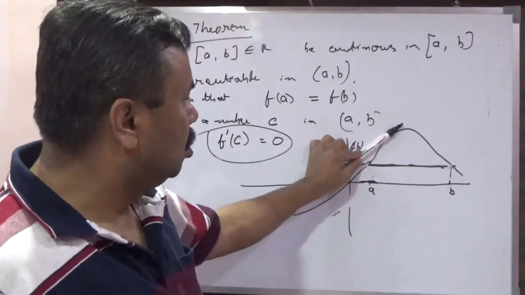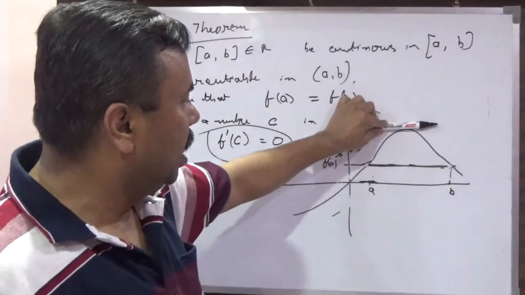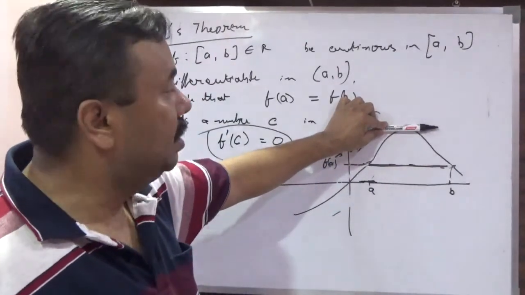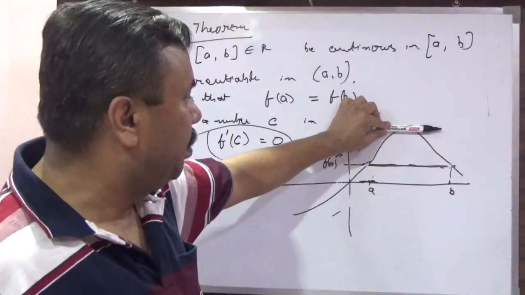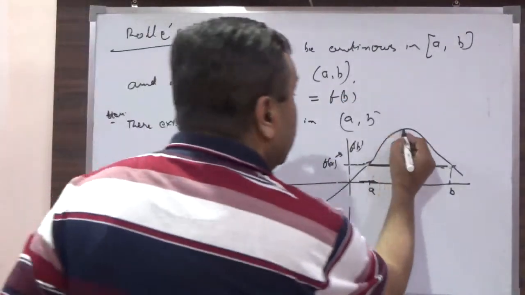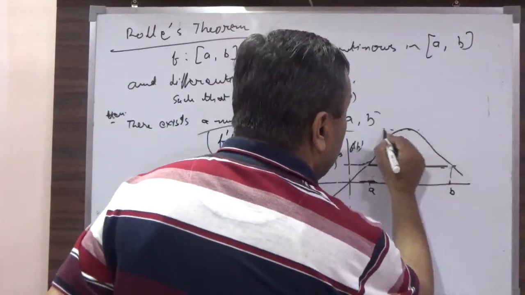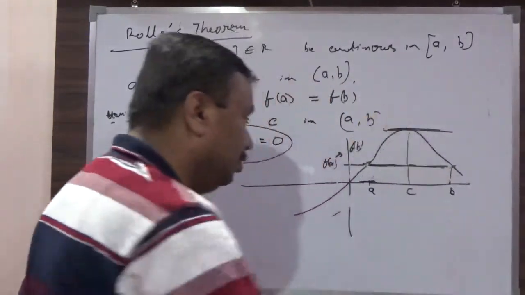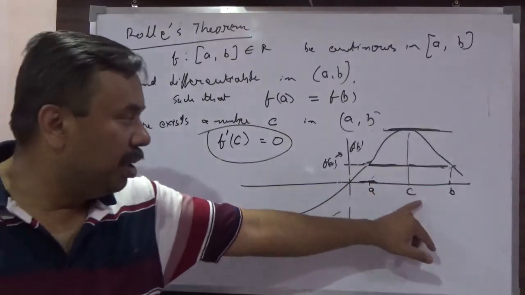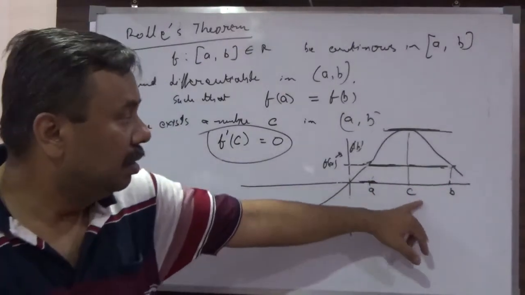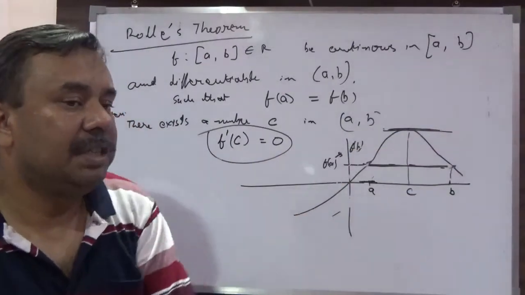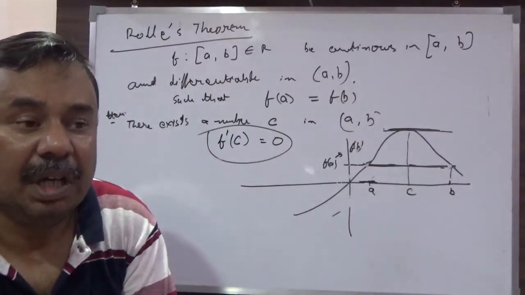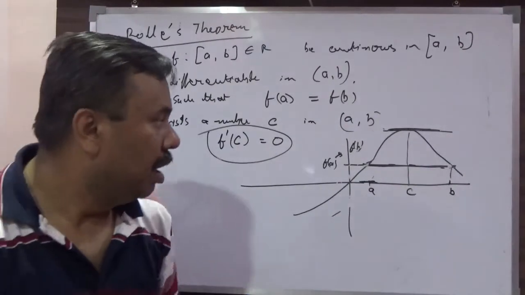As it goes on, at the peak it becomes parallel to the x-axis. This is the point C where it will be parallel to the x-axis, or which will be having the peak value.